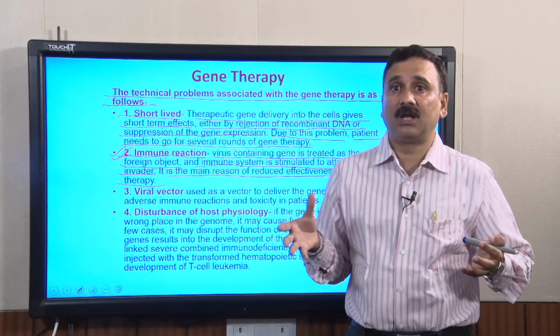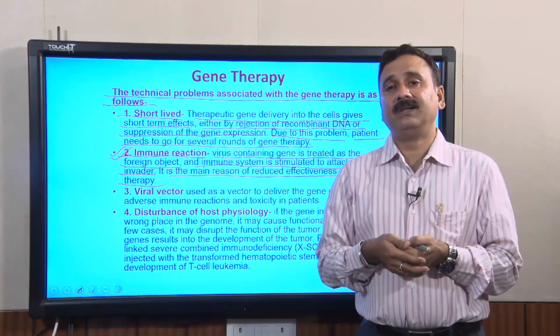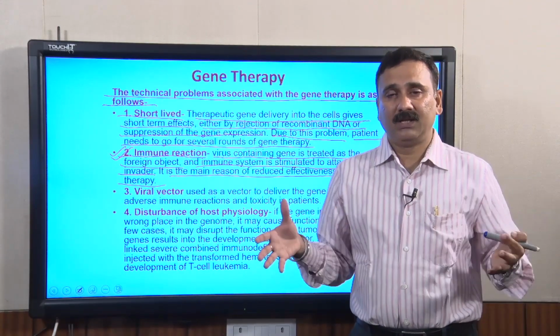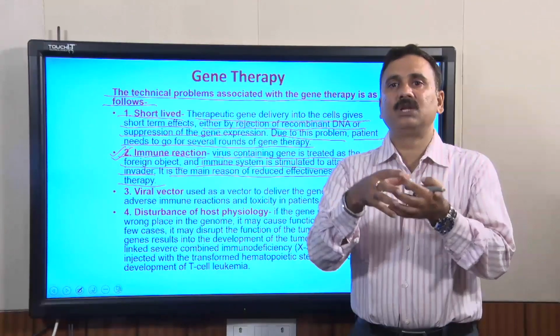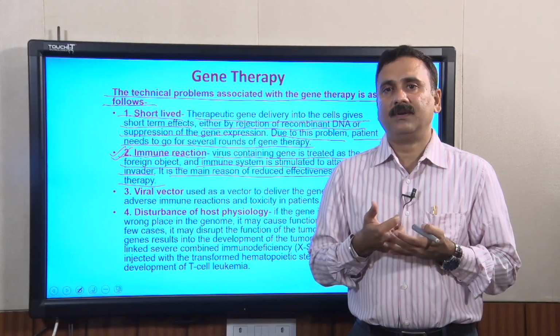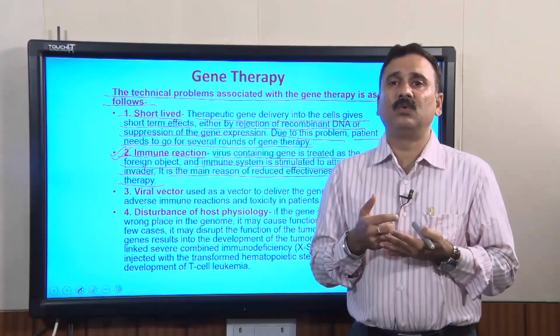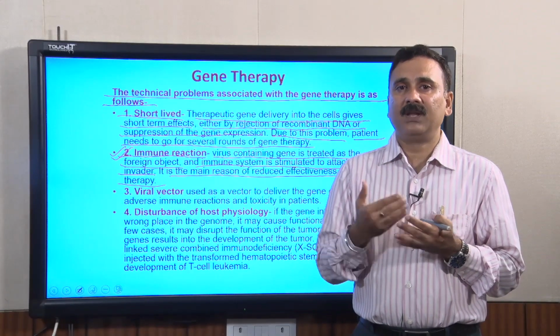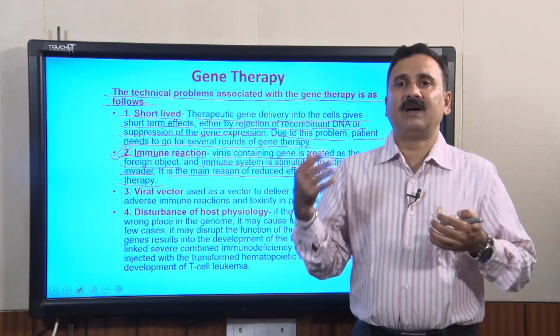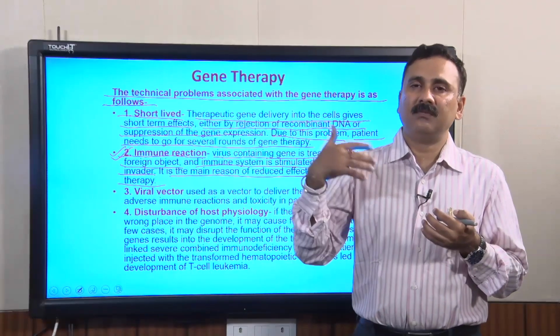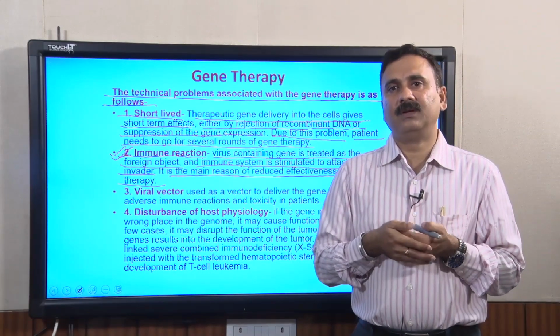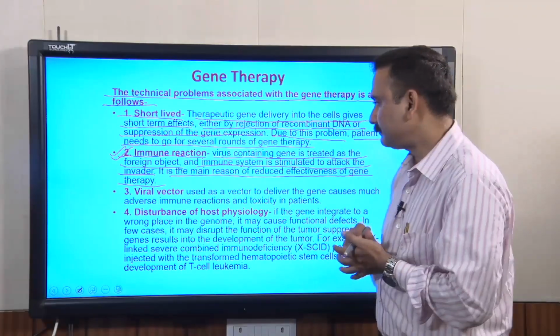So, the immune system is going to recognize the viruses as foreign agents, and it will either remove these viruses from the circulation, or it will not allow these injected viruses to propagate and provide any kind of long term effects.